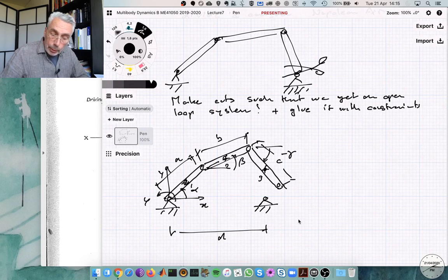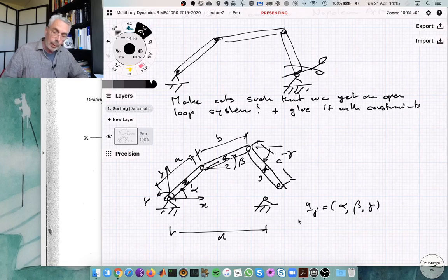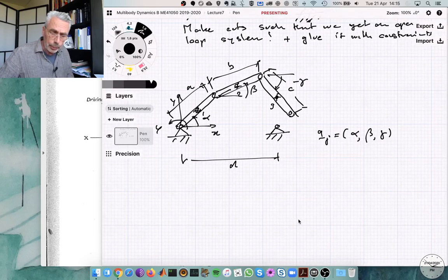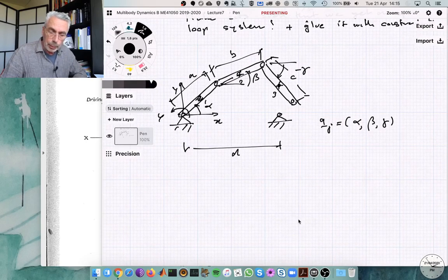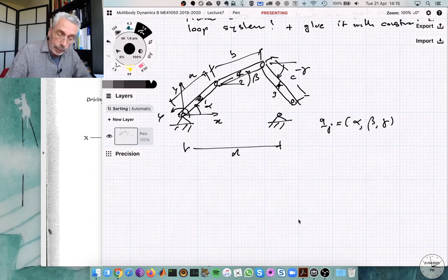So now our q_j of the problem are larger, and we have alpha, beta, and gamma. Now we have more generalized coordinates, and of course we also have to add 2 constraints. I will come to that in a second. But first, with these more generalized coordinates, we can now easily write down what is xi_i of q_j.